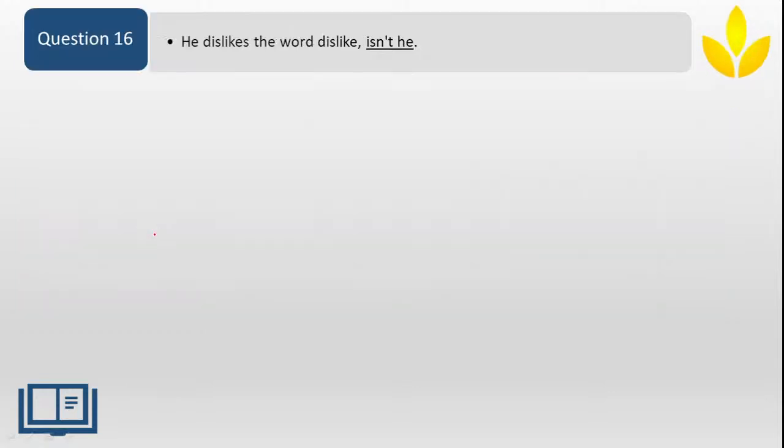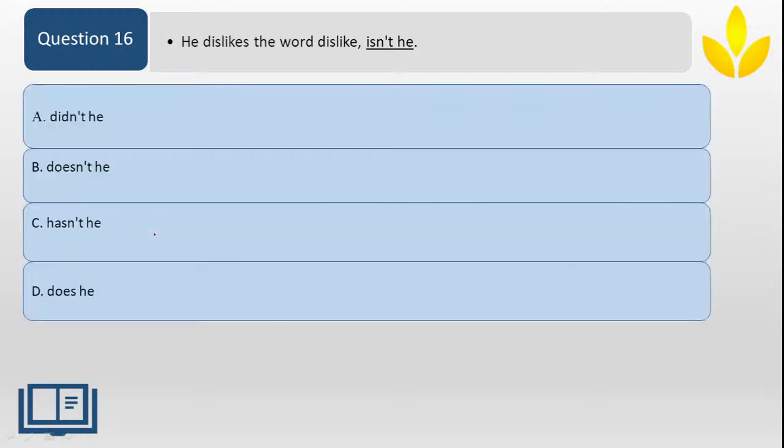Next question, he dislikes the word dislike, isn't he? This is what I was talking about in question tags. So in this sentence, we have didn't he, doesn't he, hasn't he, does he in your options. So in sentence, it is isn't he. So this meaning negation is for is, but you don't have a word is here.